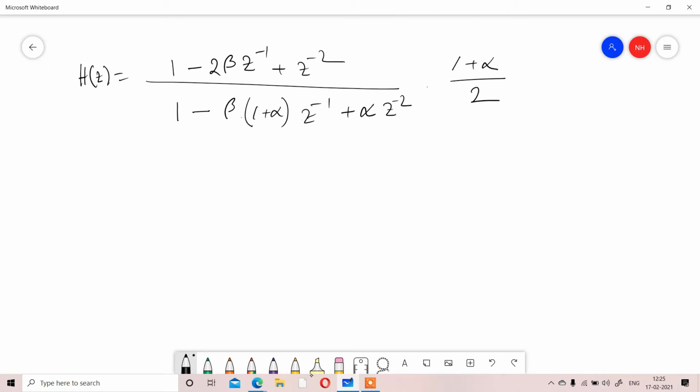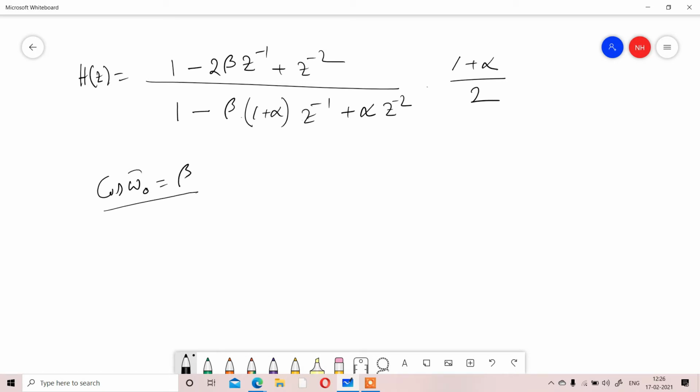And simply if we represent z by e to the power j omega, and calculate the magnitude and make the responses, you will get cos omega naught equal to beta.